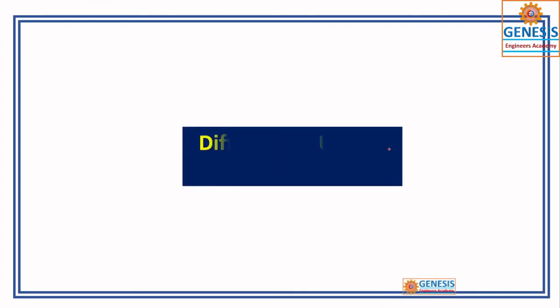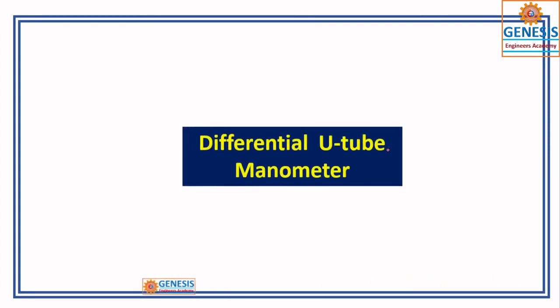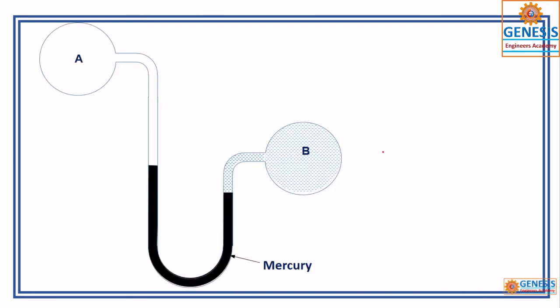Next is the differential manometer. What is meant by differential manometer? It gives the difference of the pressures between 2 points. Here we don't open the other end, which happens only with the simple U-tube manometer.